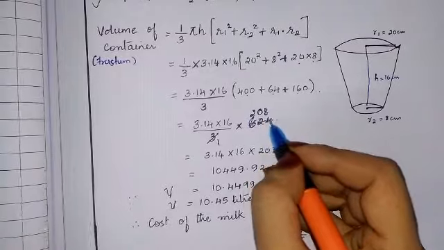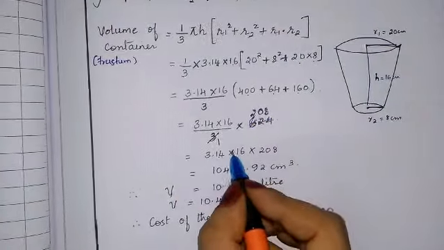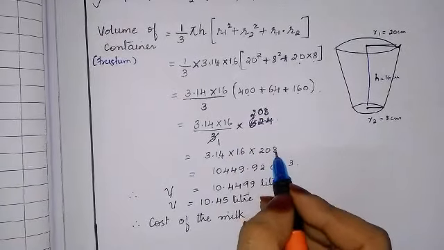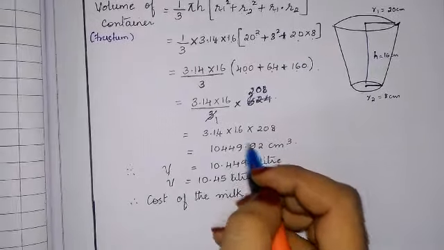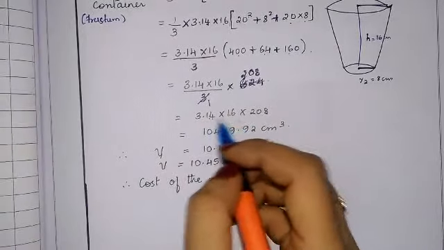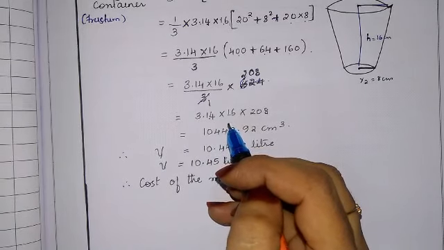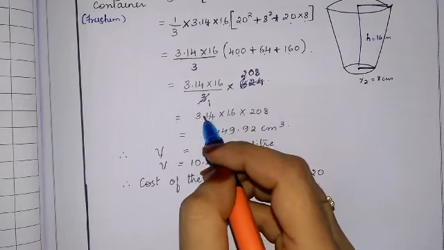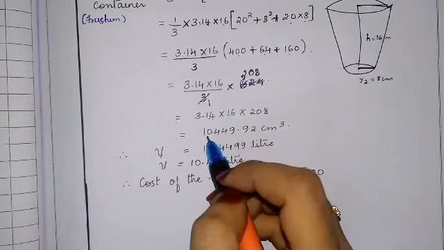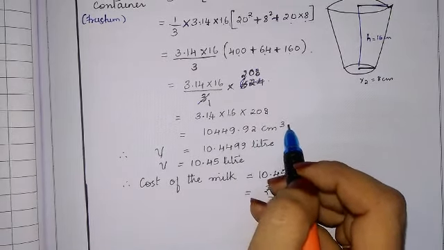So we get 3.14 into 16 into 208. When multiplying, I know being a 10th standard student, you people are perfect in multiplication. If you don't know multiplication, you can refer to my previous video where I have explained multiplication regarding decimals. So after multiplying, we got 10449.92 centimeter cube.